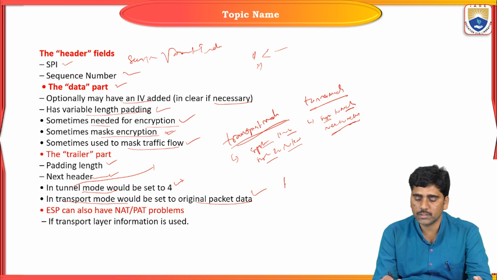So the system is one type and the network is another type. The services between system and network are a gateway process, a gateway connecting process between both the system and the network. So in transport mode, it would be set to original packet data.